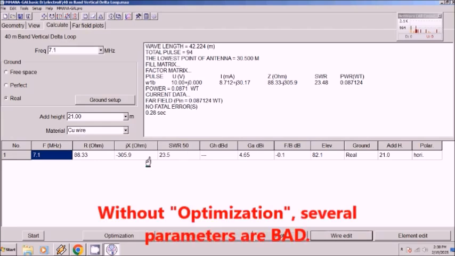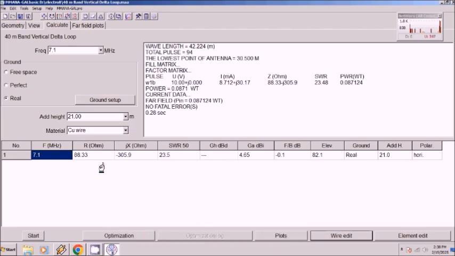Second problem, the resistance at the feed point of this antenna is 88.33. The characteristic resistance of commonly used coaxial cable like RG58 or RG8 is 50.